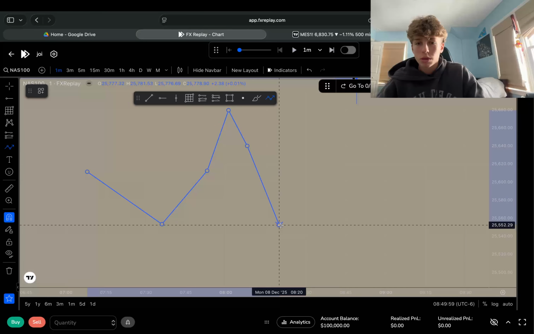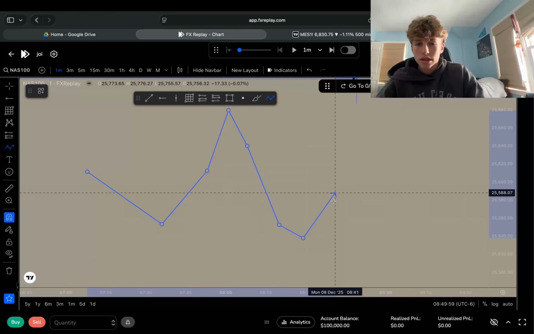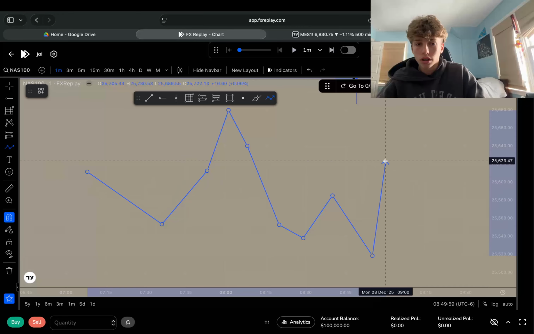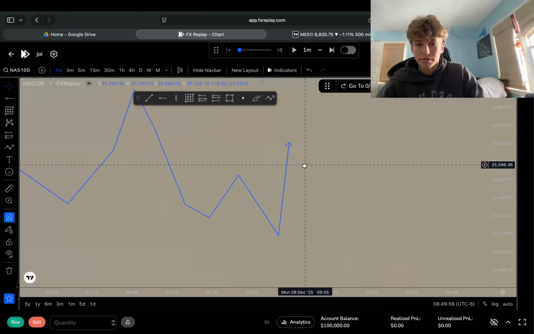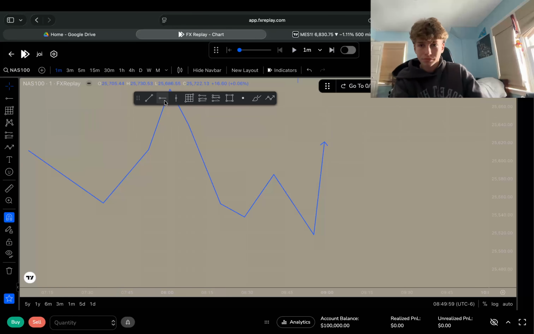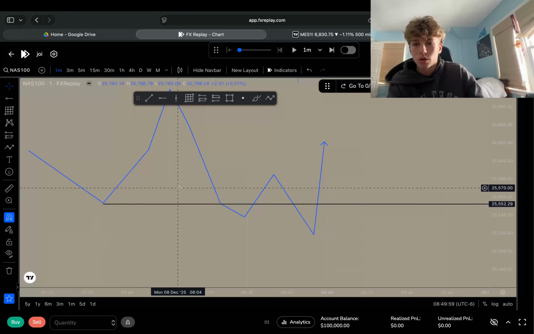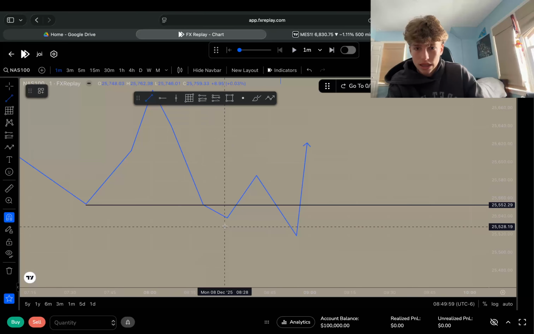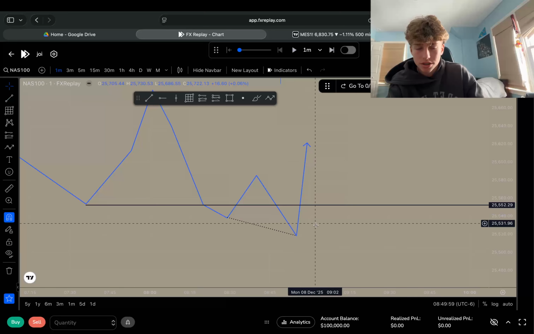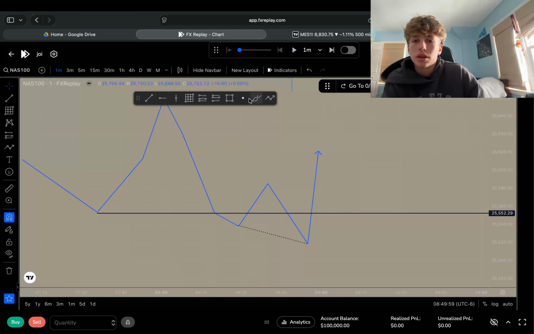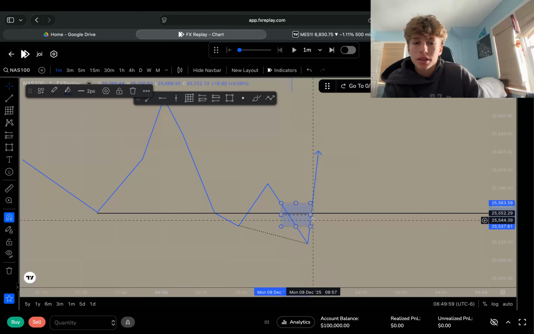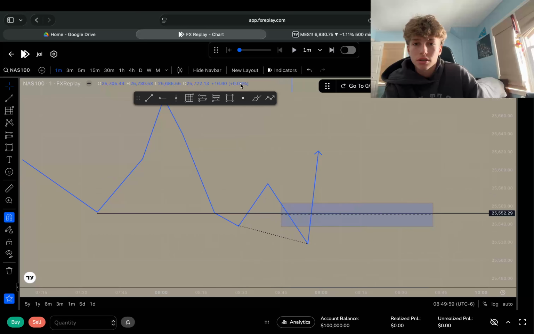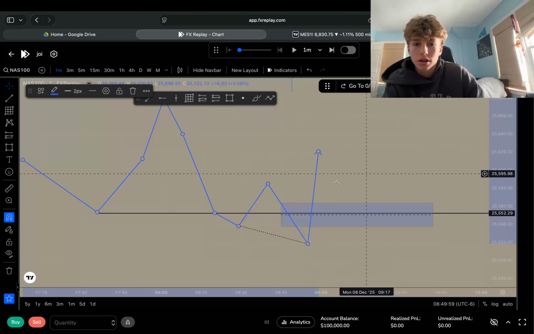We sweep the low, create an SMT, go lower, and then get a confirmation. So initial liquidity sweep, SMT here, for example, and then we get a confirmation by this, and then we get a change in state of delivery here, where you enter.